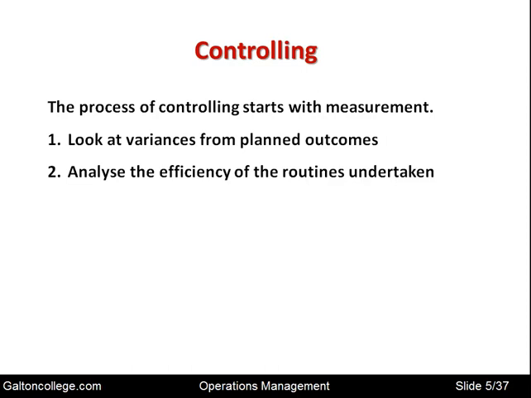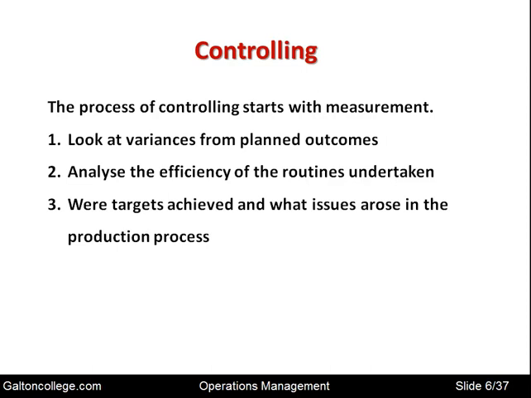So we analyze the efficiency of the routines undertaken. We're constantly on the lookout to measure the routines. What are we doing? How are we doing it? How effective is the whole process? Could it be done better? So we're taking a critical view all the time of what we're doing to see if there are improvements to be made.